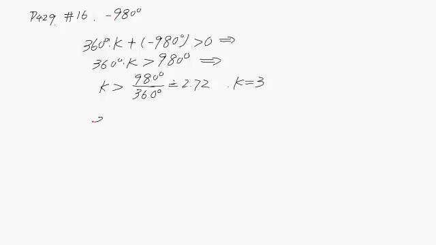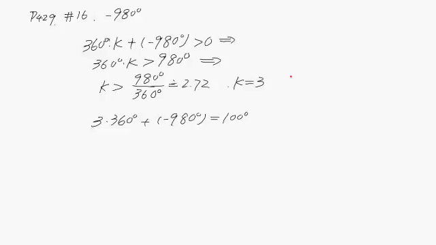We have 3 times 360 degrees plus negative 980 degrees. So the sum is equal to 100 degrees. Now we have an angle coterminal with the given angle with a measure between 0 degrees and 360 degrees. So now you can tell which quadrant this angle is in.